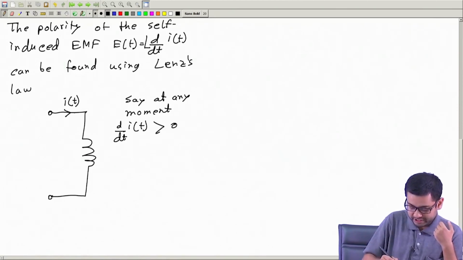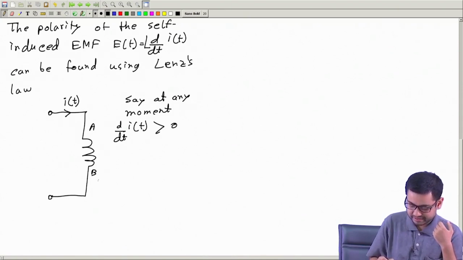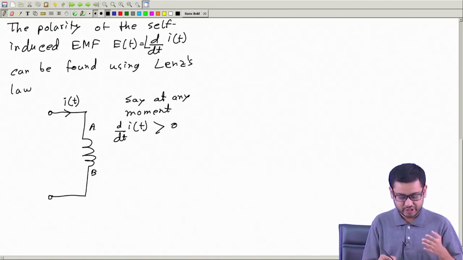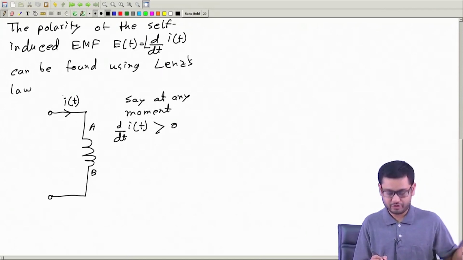This current which is entering the coil through terminal A is increasing. So the current that is entering the coil is increasing. It may also mean that the current that is leaving through A is decreasing, which is equivalent.